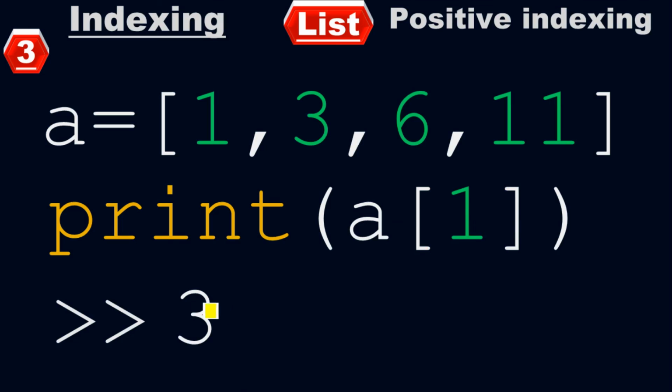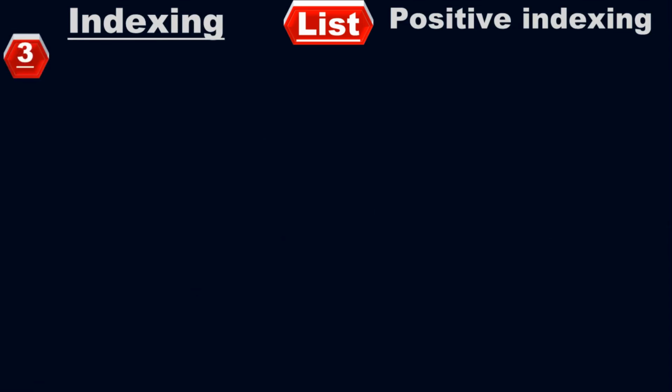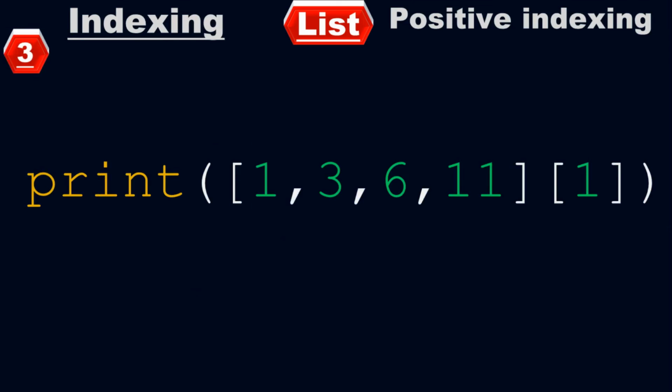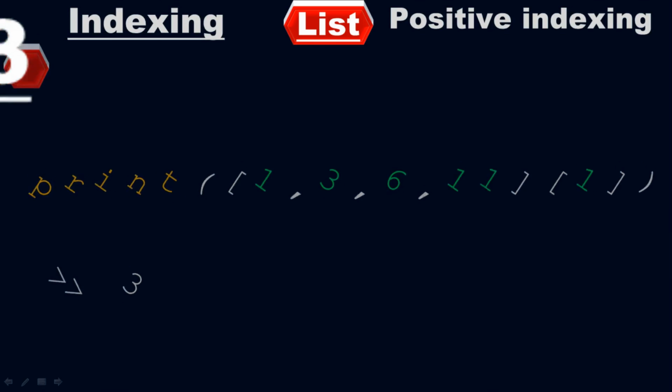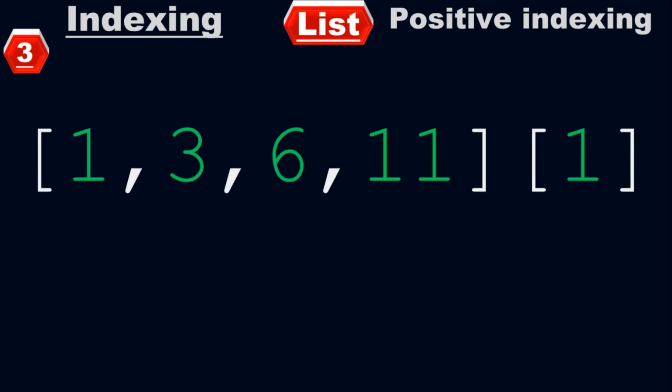Therefore, it returns 3 in the final output. But what about the second method? According to the second method, directly take the print of 1, 3, 6, 11 of 1, which returns the same answer 3. Just directly pick the print function. And what about the third method? According to the third method, we have the same answer 3.